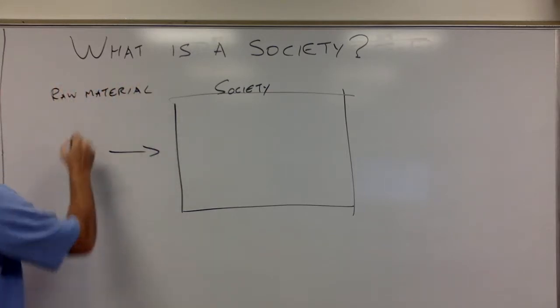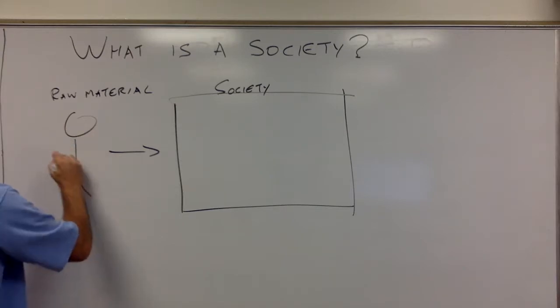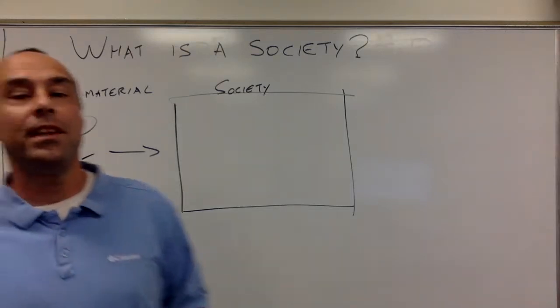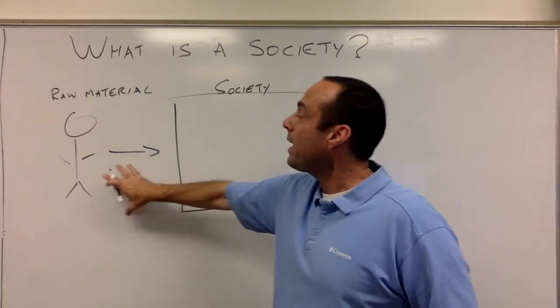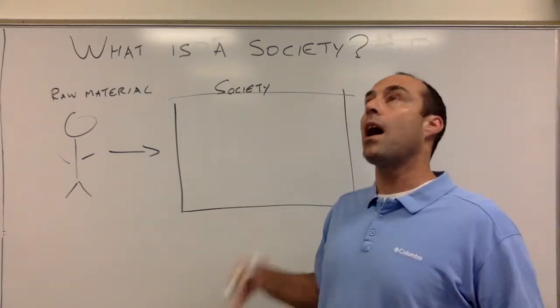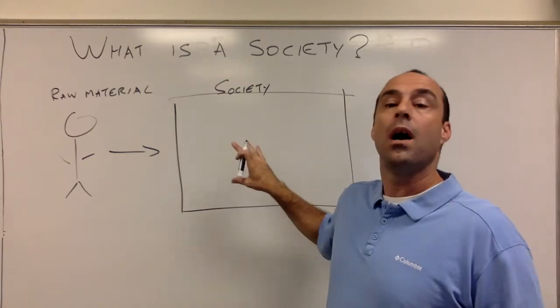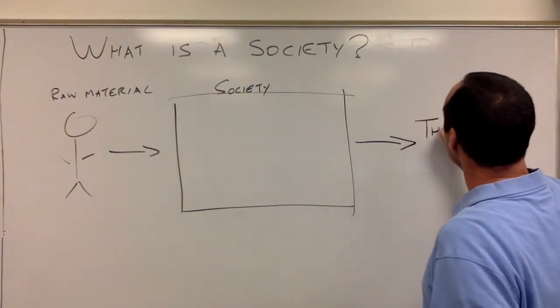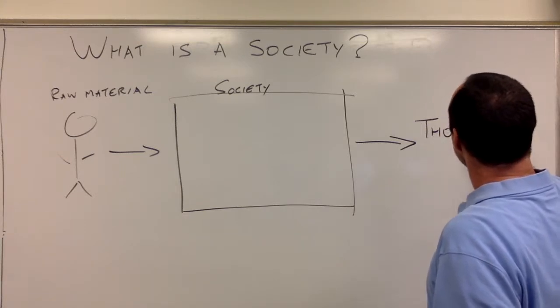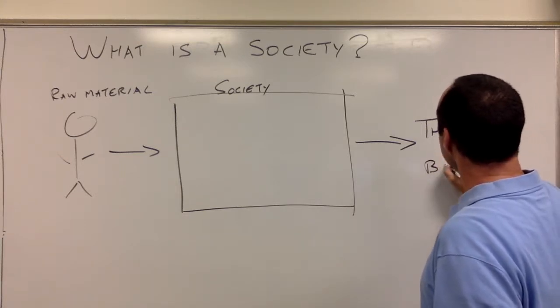And our raw material is, equally poorly drawn, a person. This is, for example, me or you or anybody who wakes up, opens their eyes, and steps into a machine that is going to produce, out the other side, thoughts and behaviors.